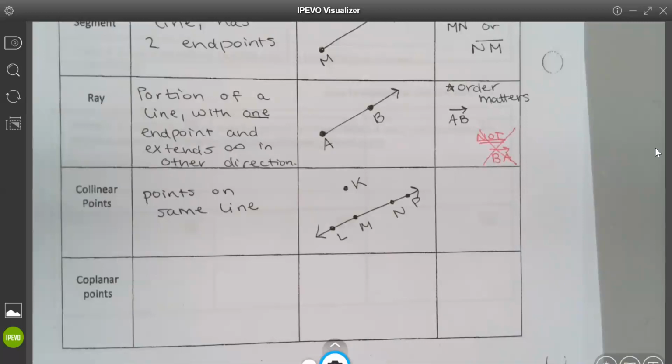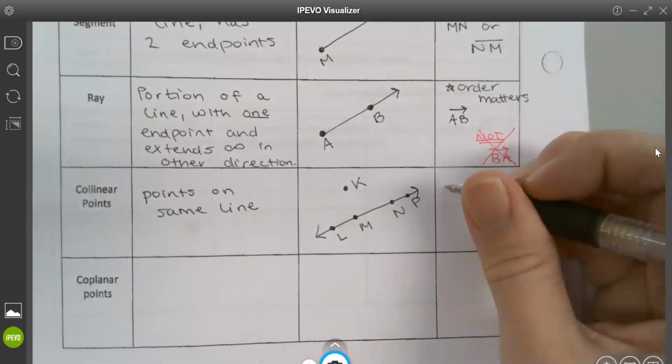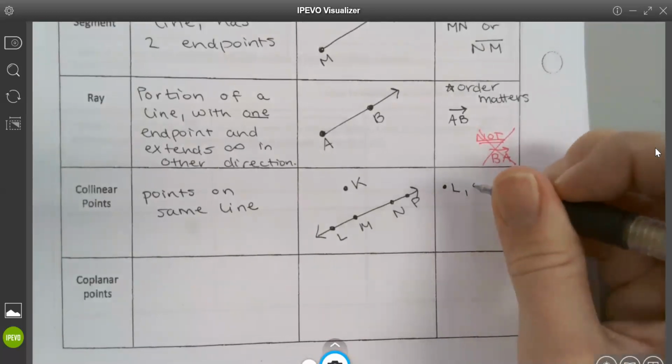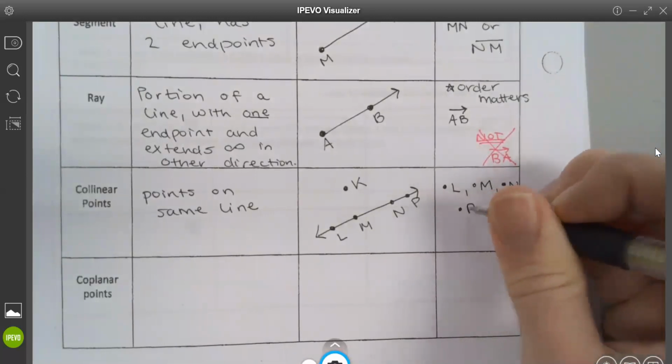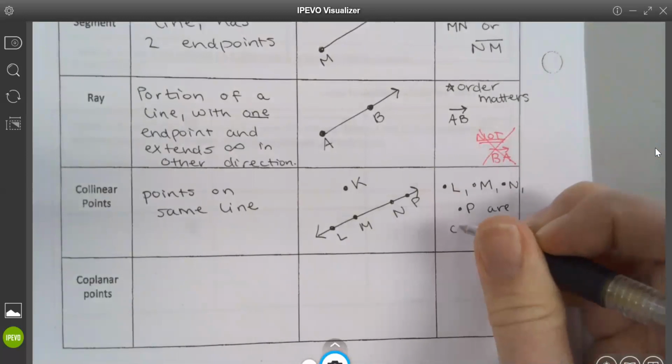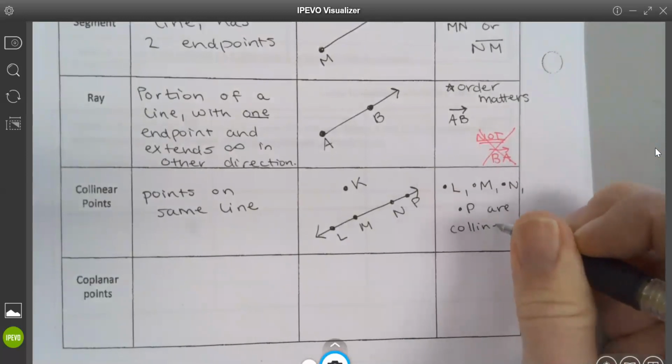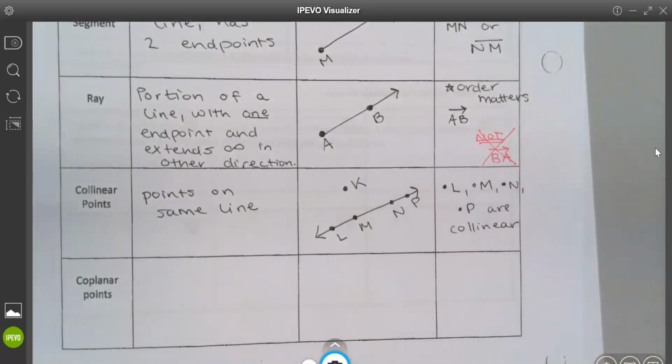I drew 5 points, but only 4 of those 5 points can be called collinear. Which points are collinear? L, M, N, and P are collinear. Okay, they all live on the same line.